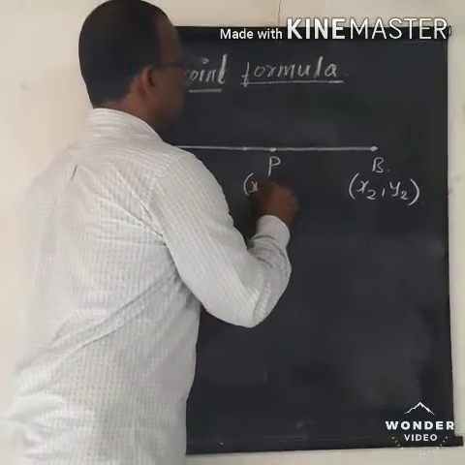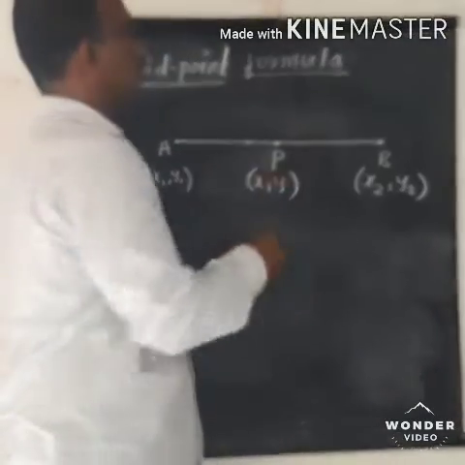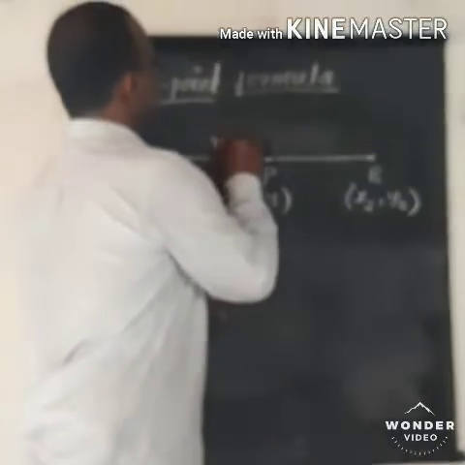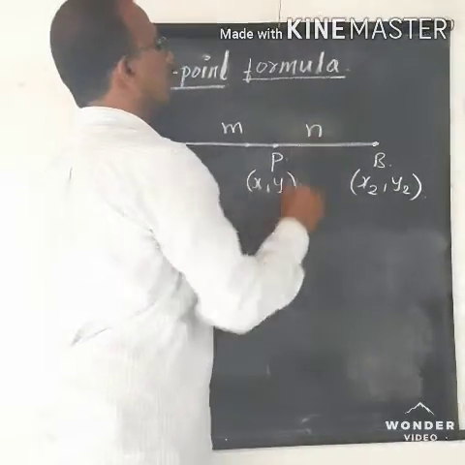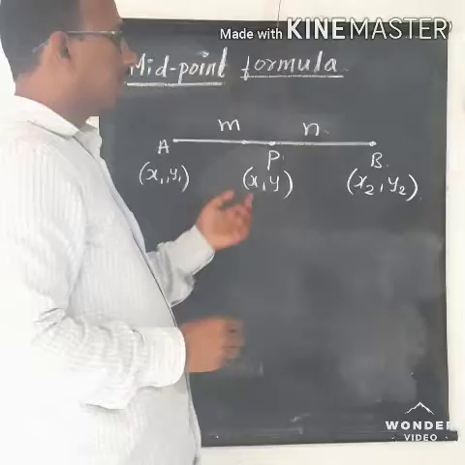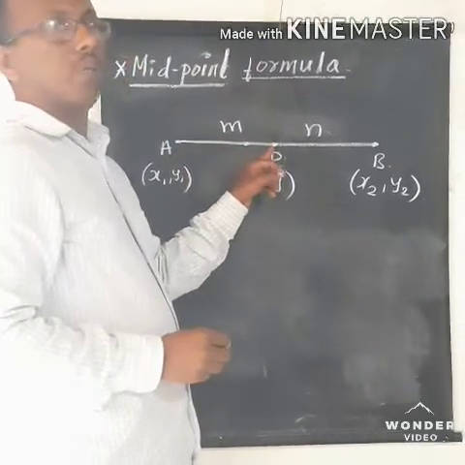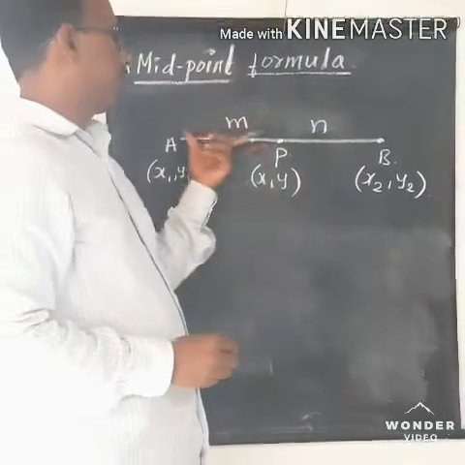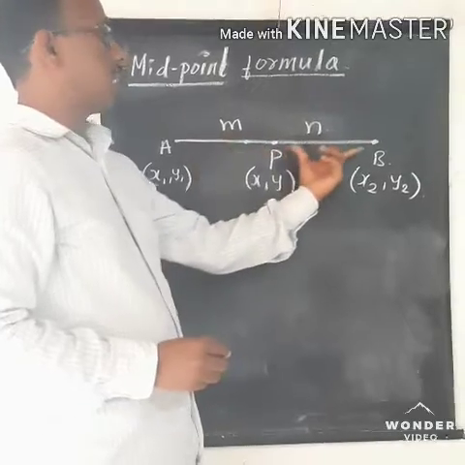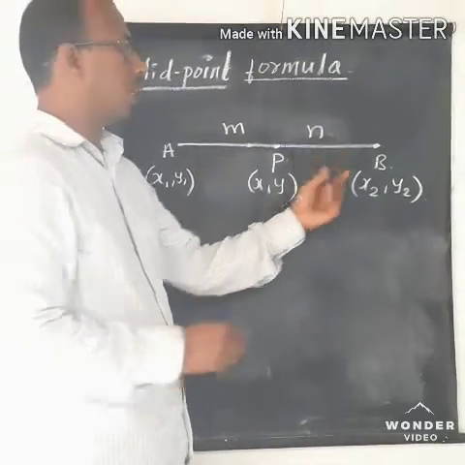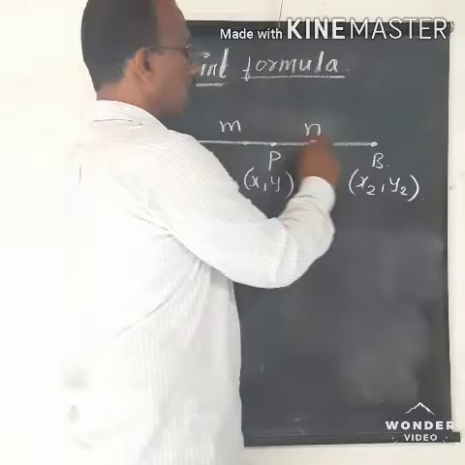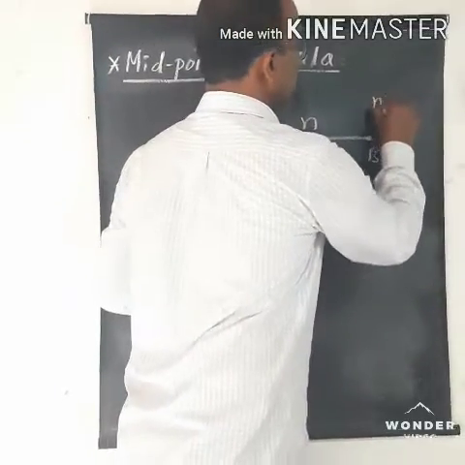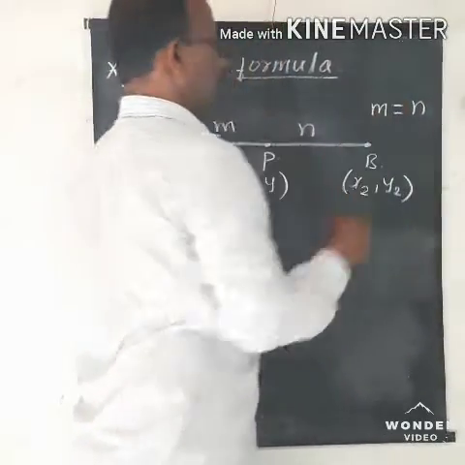Let the coordinates of point P be x, y, and this point P divides the segment in the ratio m:n. Here, as P is the midpoint, segment AP and segment PB are both equal. That is, the length AP and length PB are equal. It means m is equal to n.